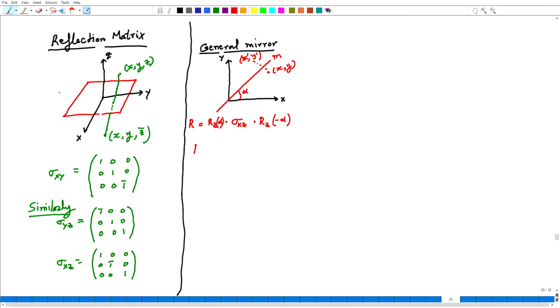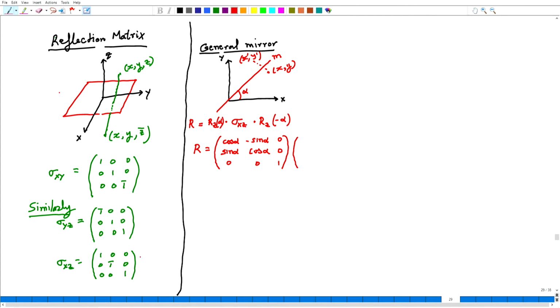So, let us say R equals, now let me write down all the matrices for this. Rz alpha is going to be, from the previous lecture, cos alpha, minus sin alpha, 0, sin alpha, cos alpha, 0, 0, 0, 1. Let me write down the next matrix, the reflection operation sigma xz.